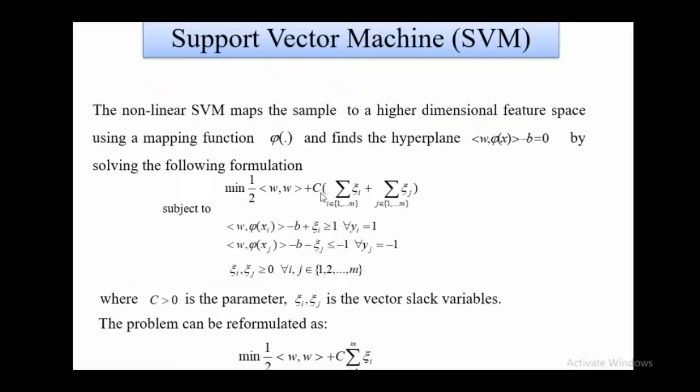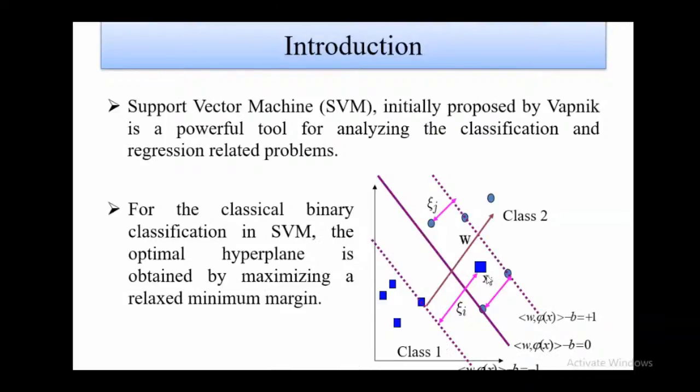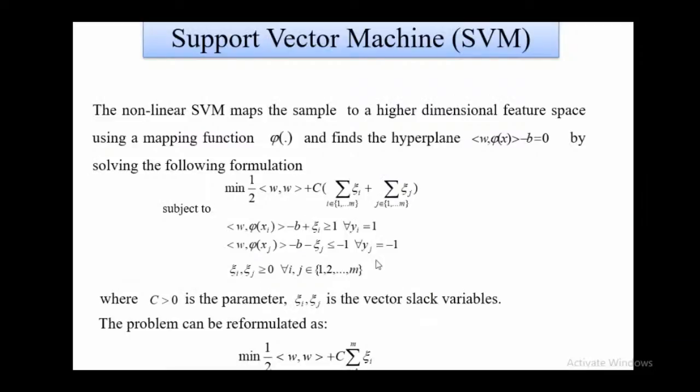One constraint corresponds to one hyperplane, and the second one corresponds to the -1 class. If we want to combine these two equations into a single equation, see here: y_i (w transpose phi(x_i) minus b) is greater than or equal to 1 minus zeta_i. If y_i is equal to 1, you get the first inequality, and if y_i is equal to -1, you get the second one.